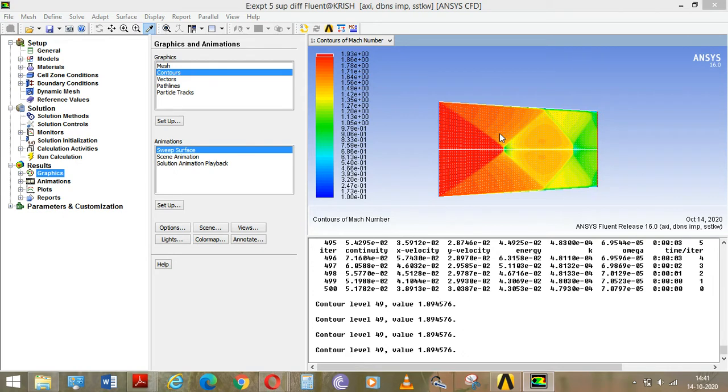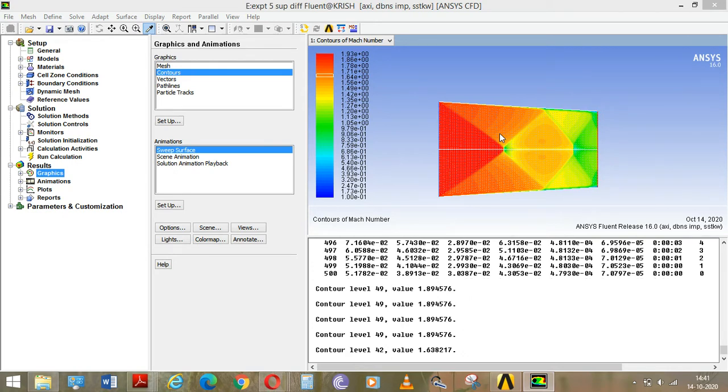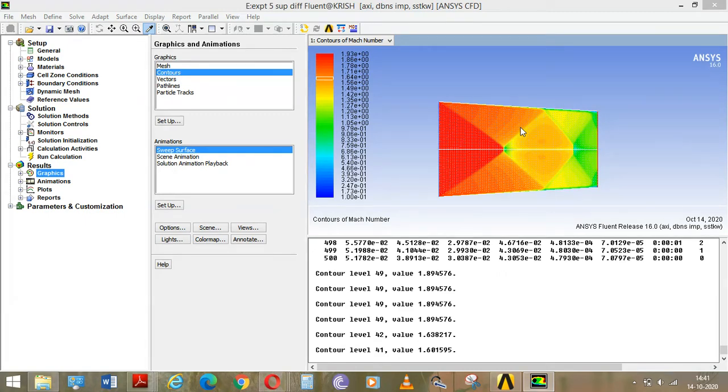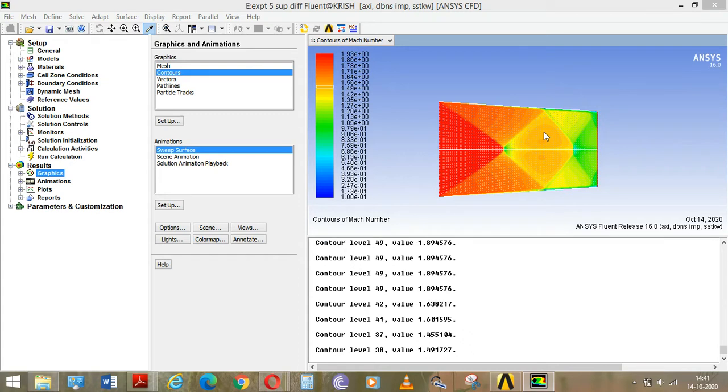Just after the shock wave, we can see a drastic reduction in Mach number, 1.6, and further decreasing, 1.63 to 1.6, and there is a shock wave again. After the shock wave, the Mach number has reduced to 1.45. Okay, further reducing, there is an increase. It's 1.45 again.